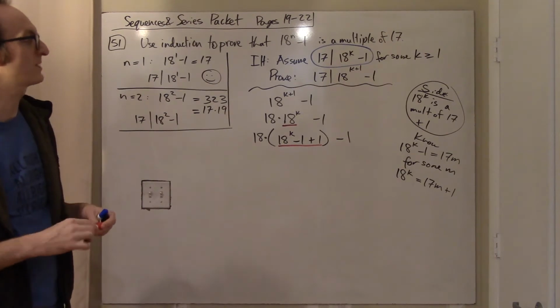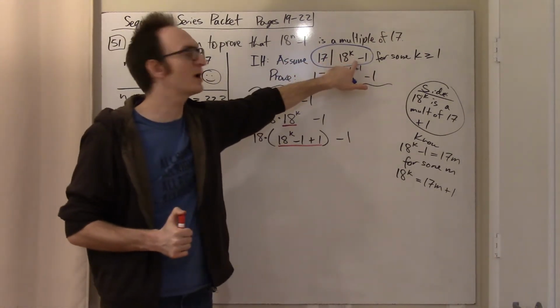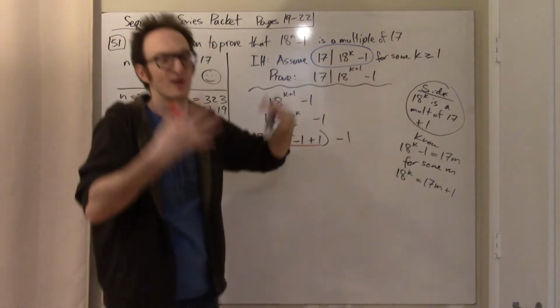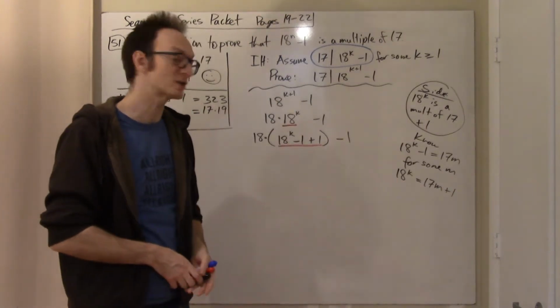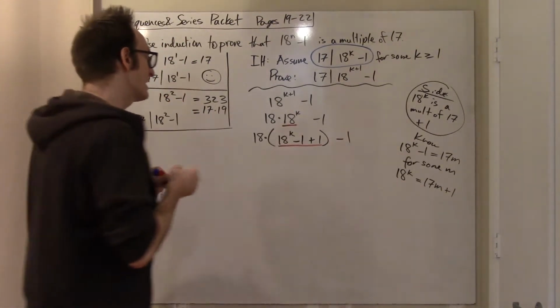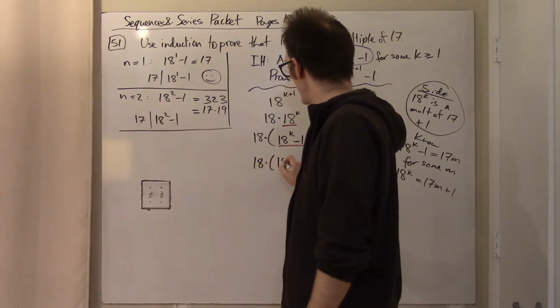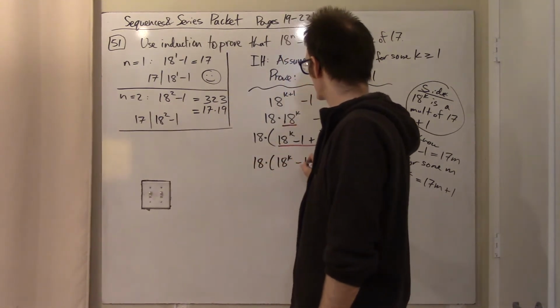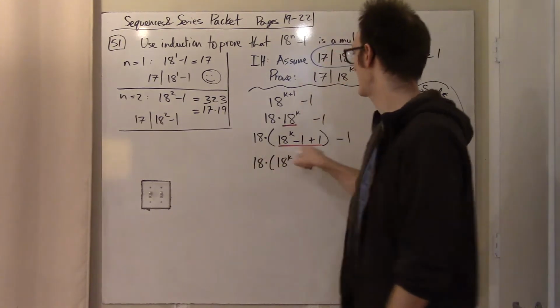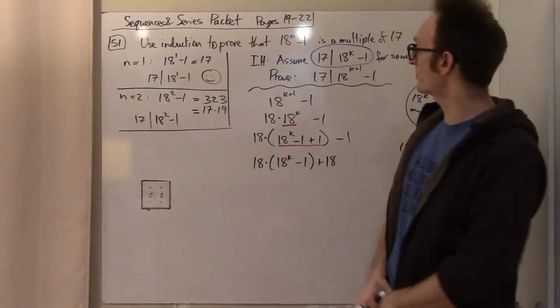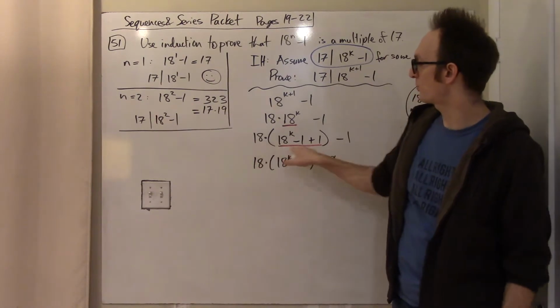It's because 18 to the k minus 1 is the only thing I know about, and so I'm making my expression look like that as much as I can. In other words, what is this? This is 18 times 18 to the k minus 1 plus 18. So I'm just now distributing this 18 through.